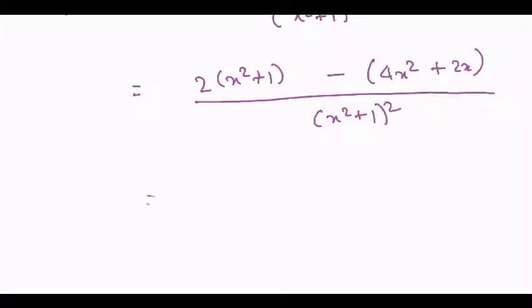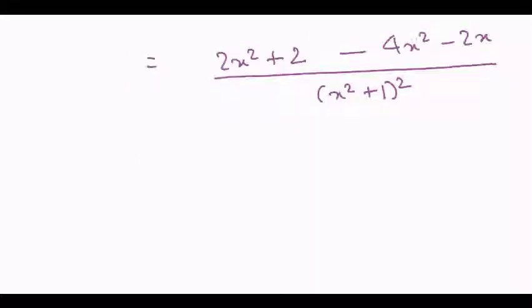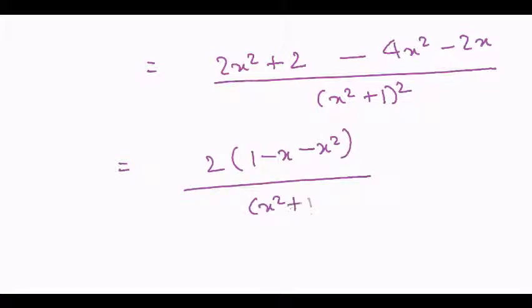Further simplifying, 2x squared plus 2 minus 4x squared minus 2x, divided by x squared plus 1 whole squared. Now this works out to be 2 times 1 minus x squared divided by x squared plus 1 whole squared.